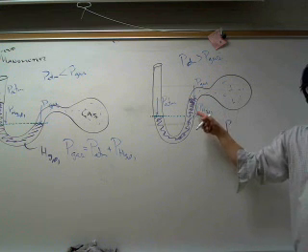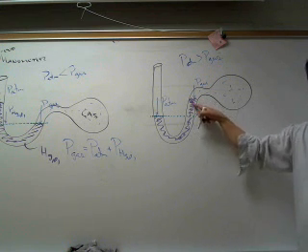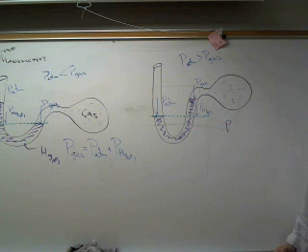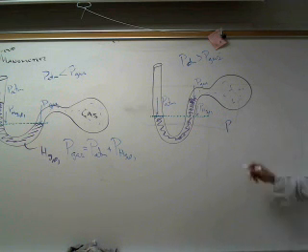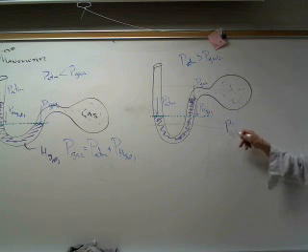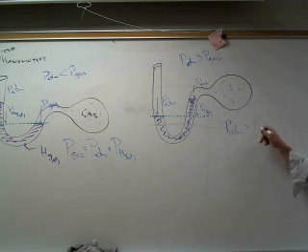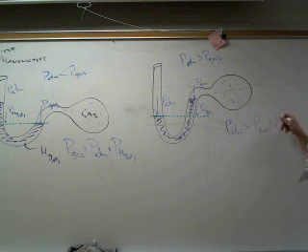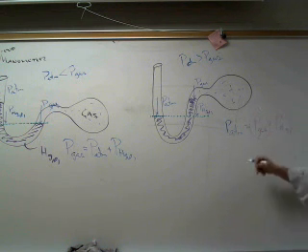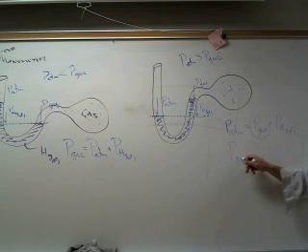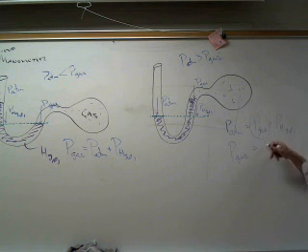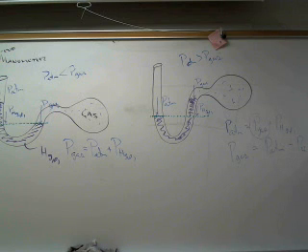You know, I don't like that. Because the height is the height. You know, height's always going to be positive. And so I'd rather do it like this. We see that P atmospheric is equal to P of the gas plus P of the liquid mercury. And then we solve for the P of the gas. P of the gas is equal to P of the atmospheric minus P of the mercury liquid.